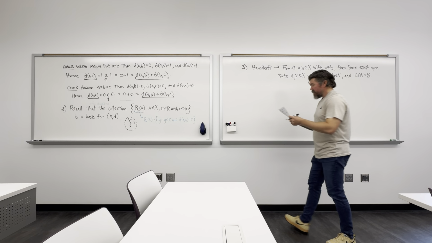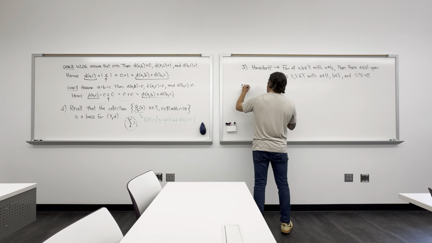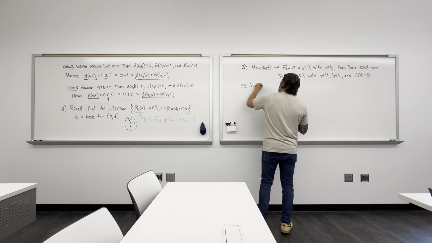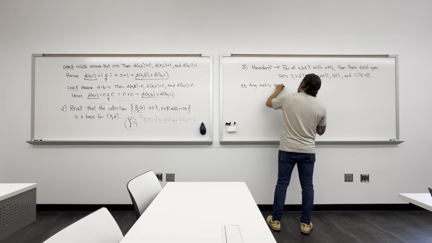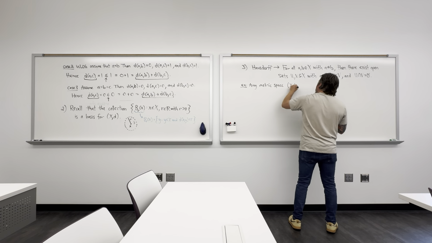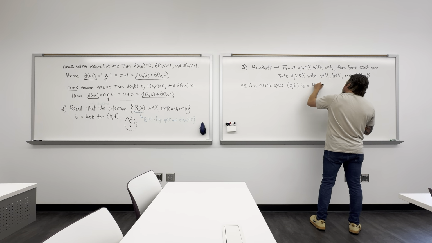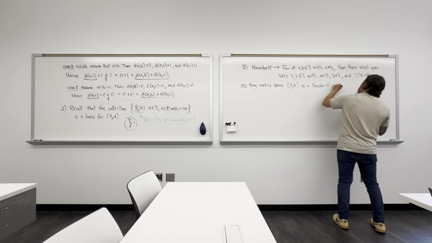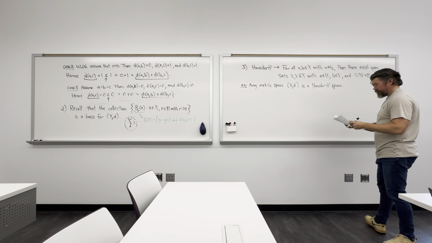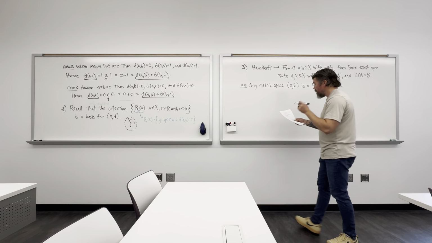And let's look at an example. Any metric space, we'll call it (X, D), is a Hausdorff space. Okay, so let's argue this.